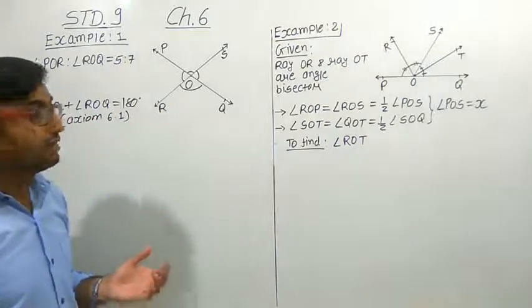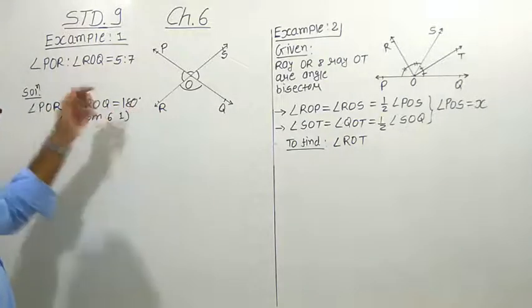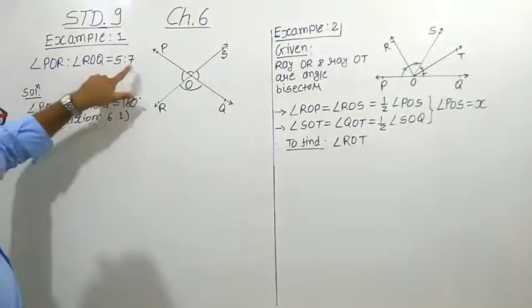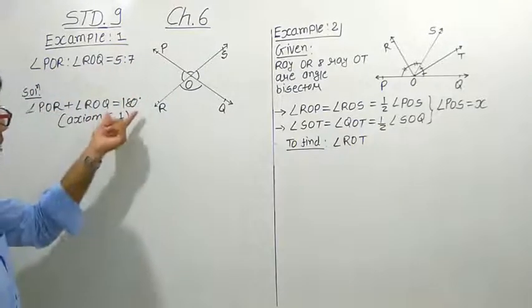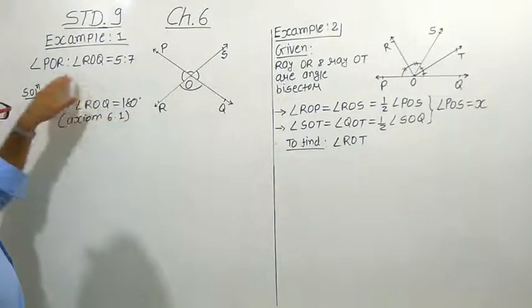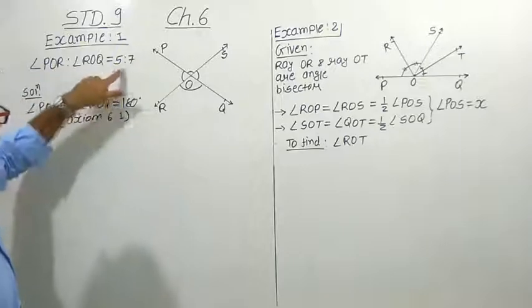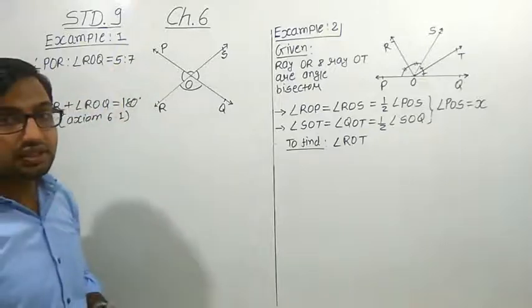Total angle is 180 degrees. Out of that, POR has a fraction 5 and ROQ has a fraction 7. So we have to divide 180 in the ratio 5:7. So see, total is how much? 7 plus 5 is 12.